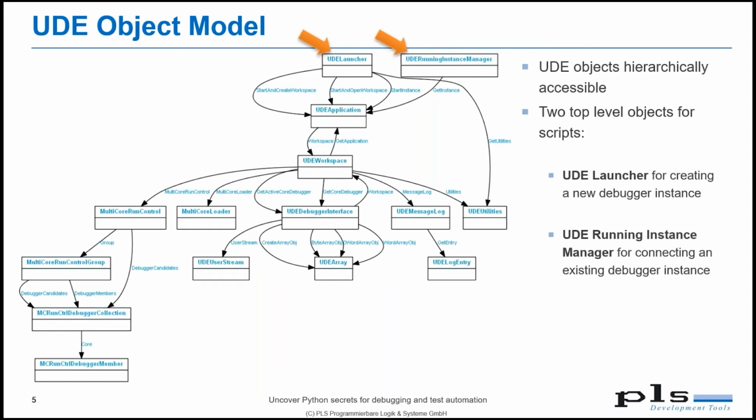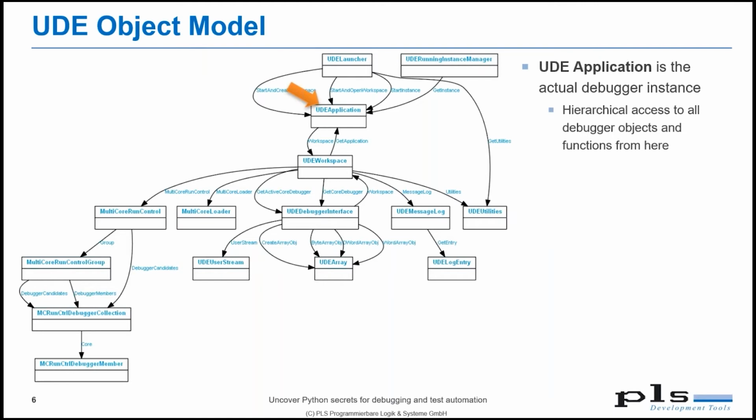And if you want to connect to an existing UDE session or an opened UDE instance, then you use the UDE running instance manager, which provides functions to look for any existing UDE instances on your PC and connect to them.